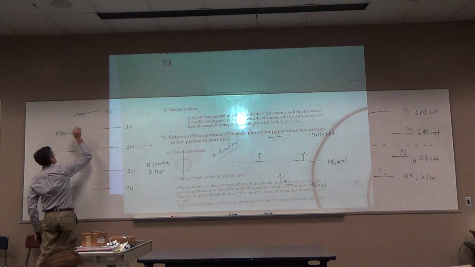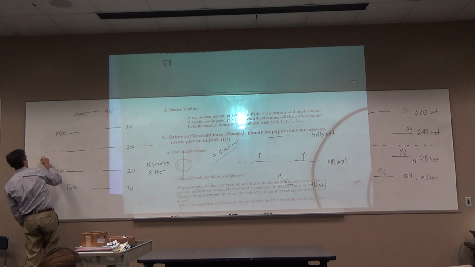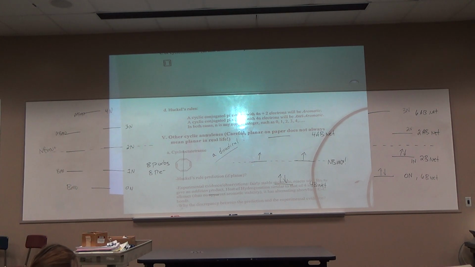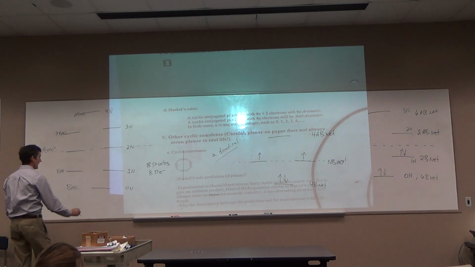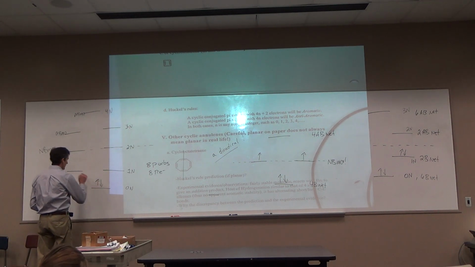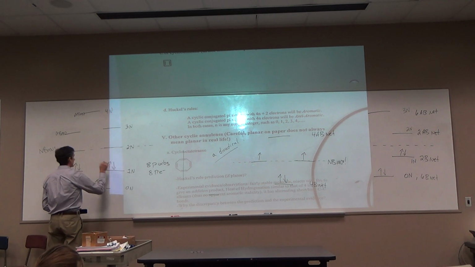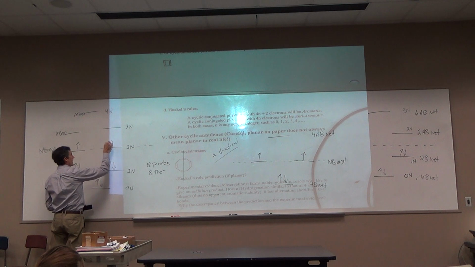Anti-bonding MO? What are you going to call these two on the midline? Non-bonding MOs. Okay? How many electrons do we have to put in here? 8. 1, 2, 3, 4, 5, 6, 7, 8.